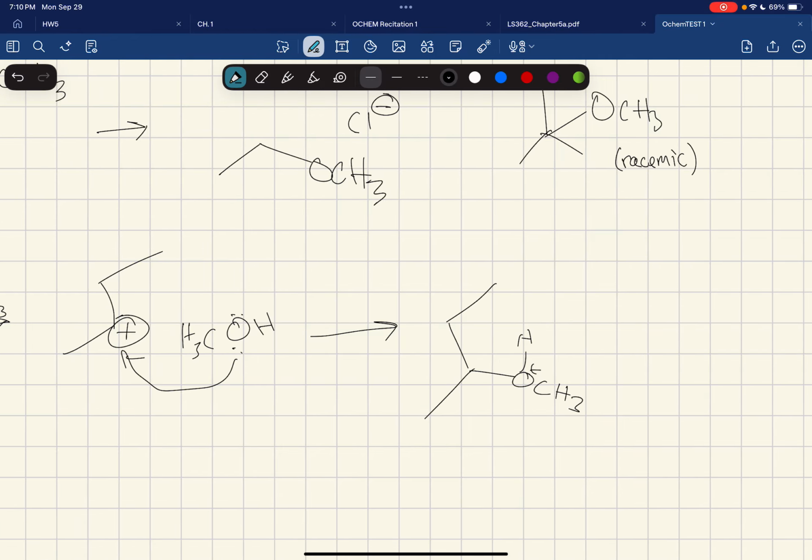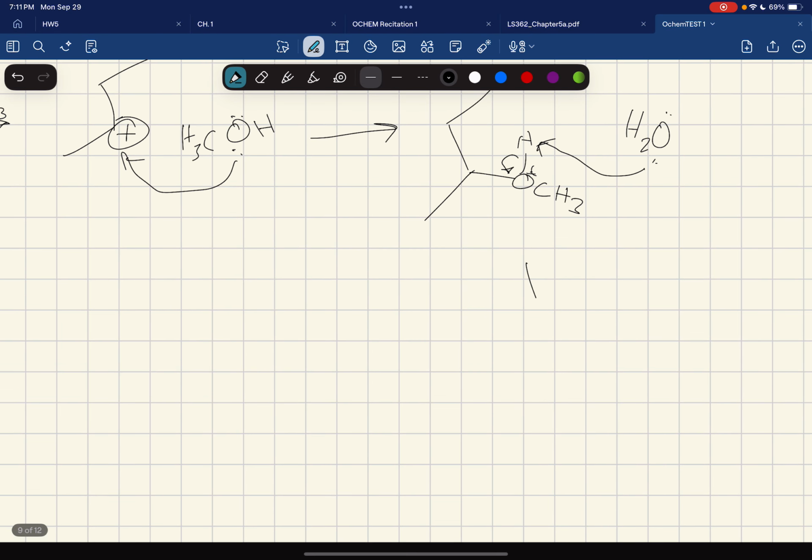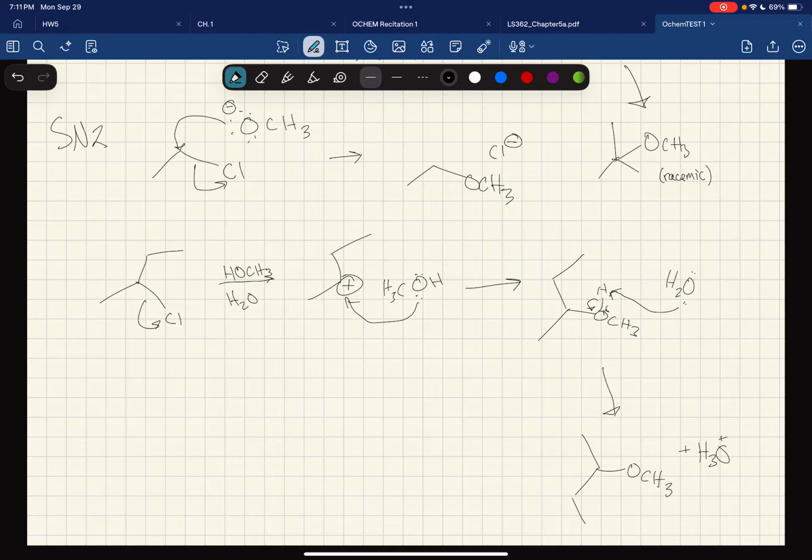And then, lastly, often the solvent will come in here. Oh, that's wrong. Come in here and deprotonate that, leave it with the neutral charge. And then something like that. Cool.